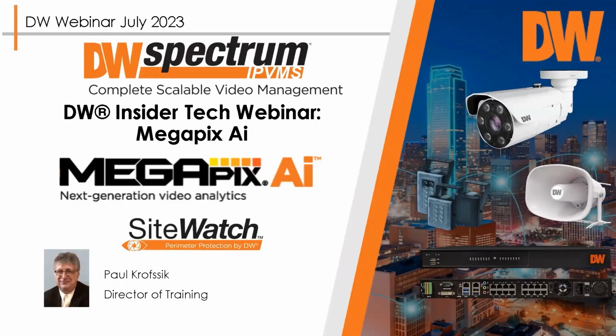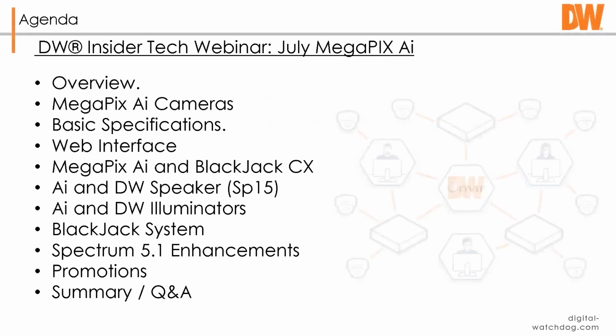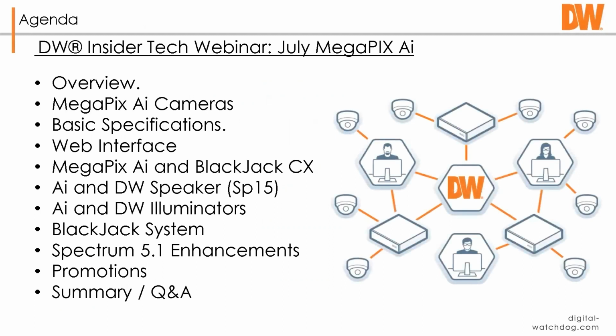So if you guys haven't noticed, I'm Paul Krofssik with Digital Watchdog, and we're going to go over a few things. We're going to go over MEGApix Ai cameras, their basic specs, MEGApix Ai cameras and the Blackjack CX.